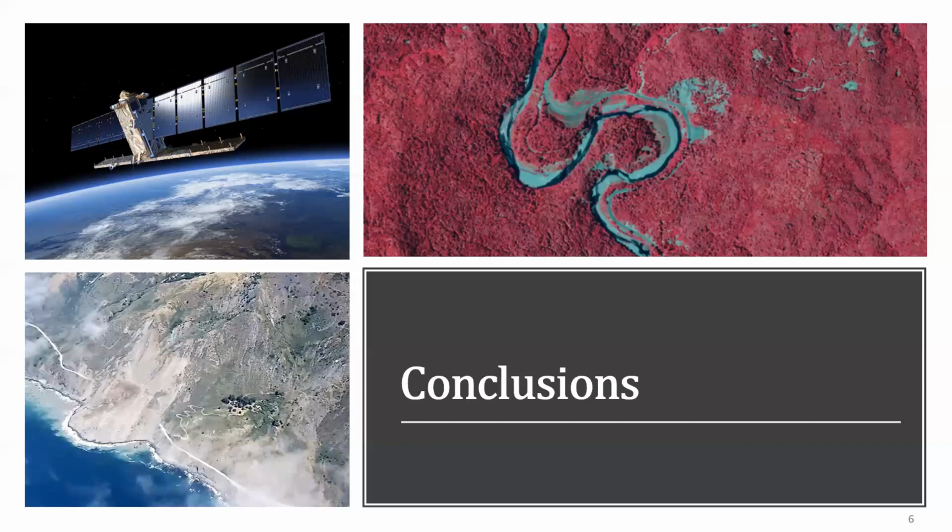And finally, one of our biggest challenges was working with the Google Earth Engine API. We had to learn that API, how to make function calls to it, and how to get results out of it. So that was a very big challenge for us.